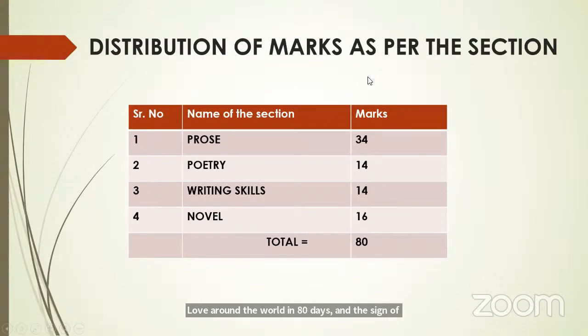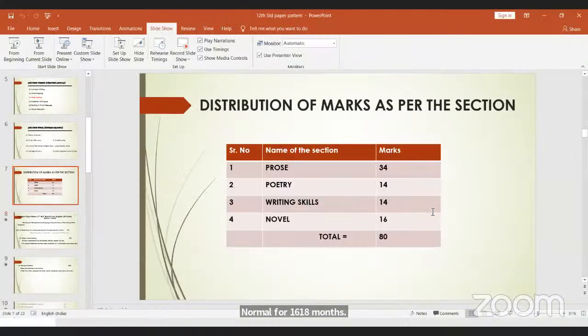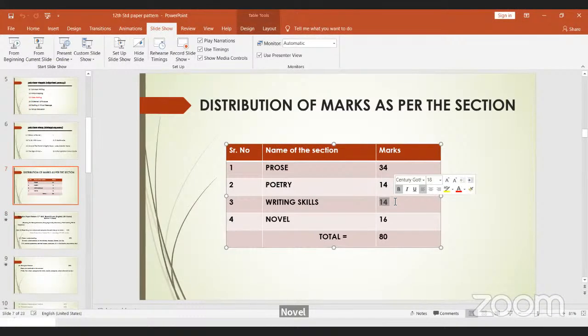The bifurcation of the marks is like this: for prose 34 marks, for poetry 14 marks, writing skills 16 marks, and novel 16 marks.